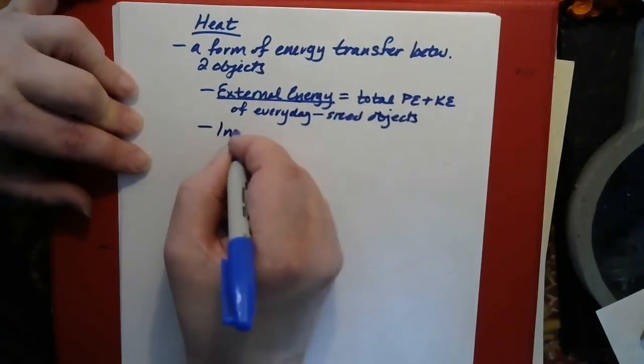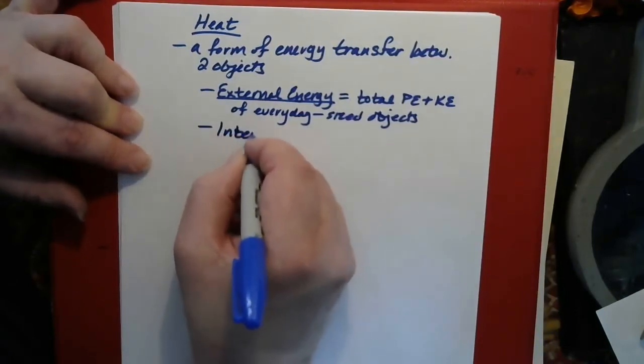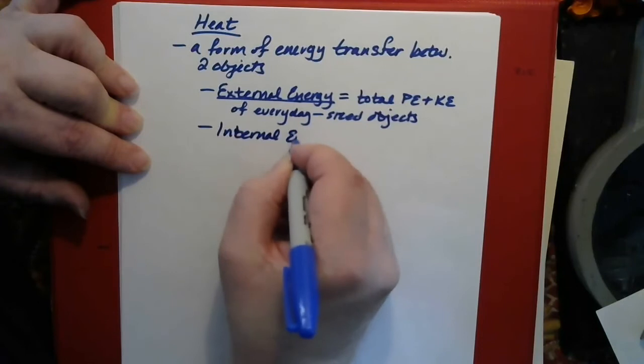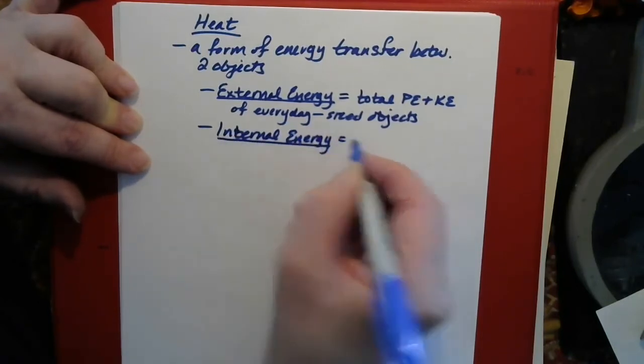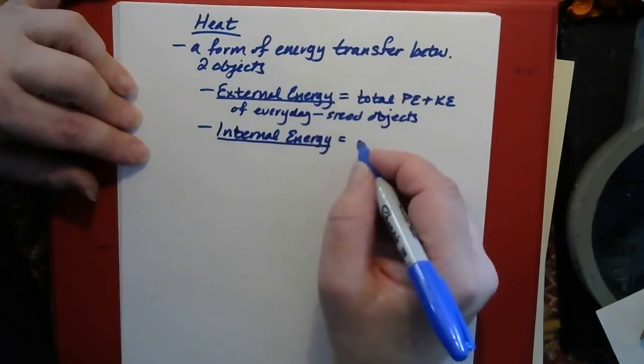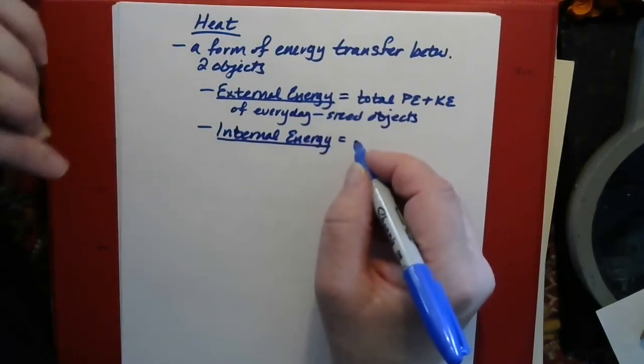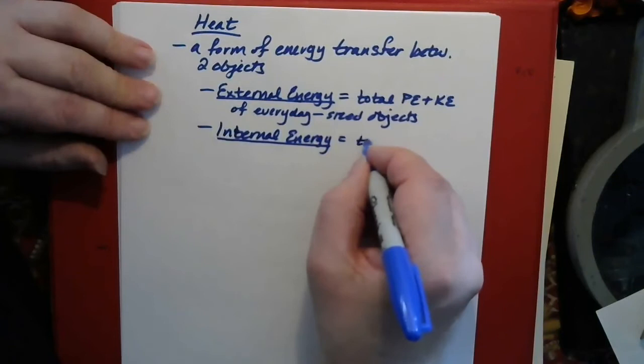The internal energy is the total potential and kinetic energy of the molecules in an object.